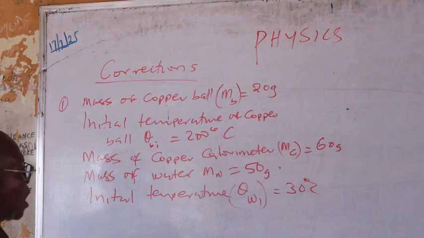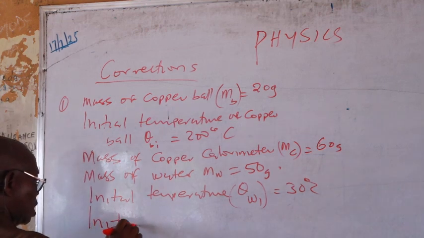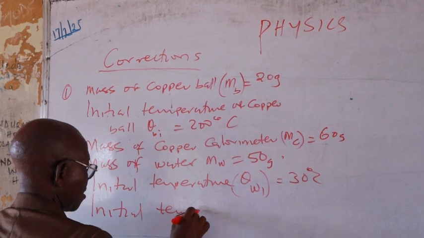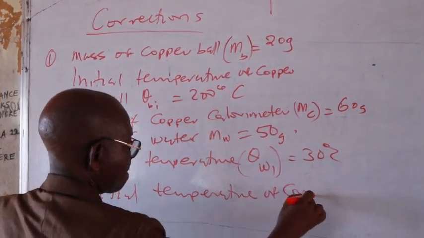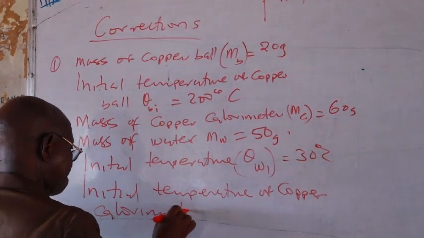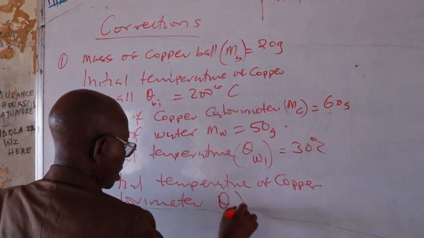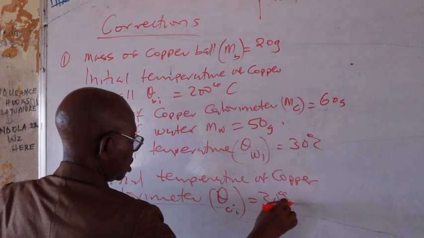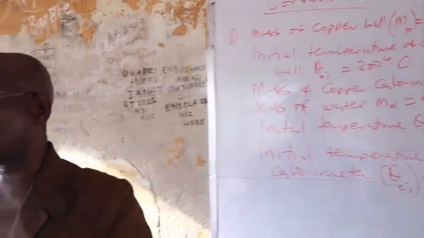Water is kept in the copper calorimeter, so you expect the initial temperature of the copper calorimeter, theta Ci, to be 30. You were taught last class that the temperature of the content will be the temperature of the container.